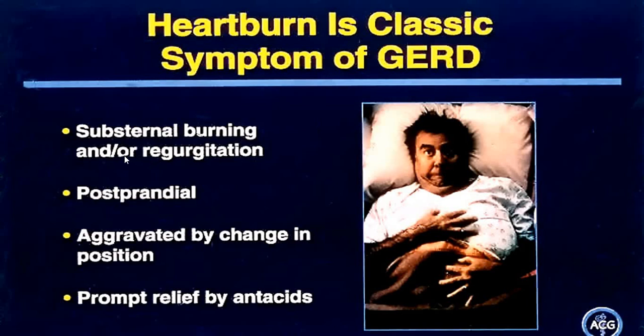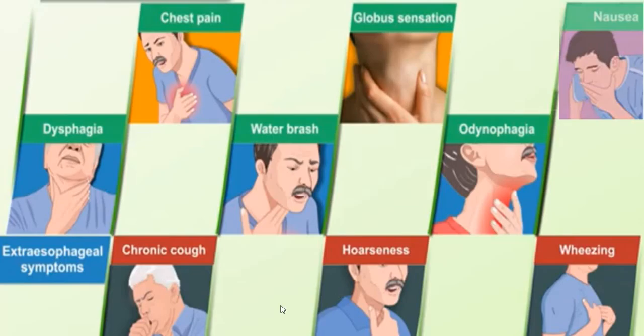Substernal burning pain and or regurgitation, postprandial symptoms, aggravated by supine posture, relieved by sitting posture, and also promptly relieved by antacids. This will be peculiar in case of GERD.